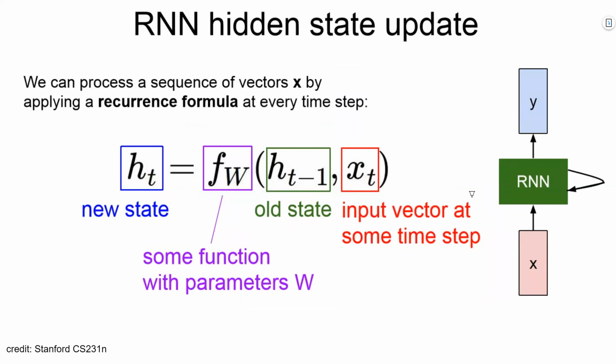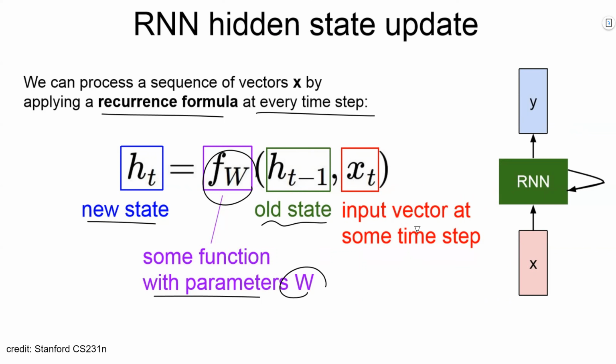And how does it actually change? We can process a sequence of vectors x by applying a recurrence formula at every time step. How do you calculate the new state? There is some function with parameters w, and this function receives the old state and the input vector at some time step t.